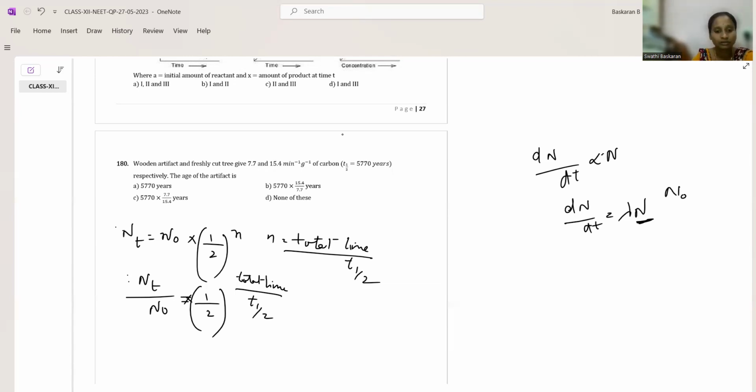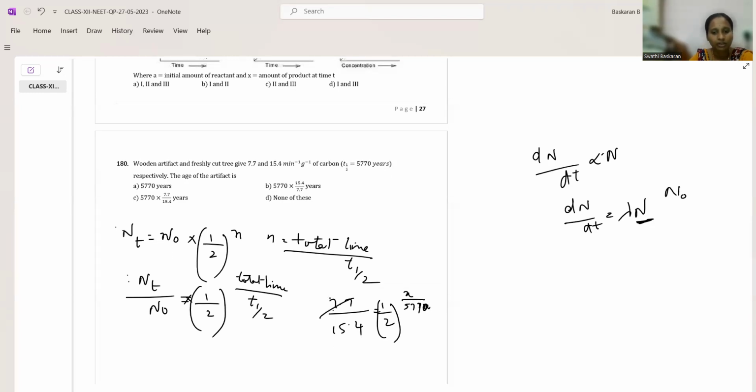Now, how will you substitute? I substitute the Nt value 7.7 and N naught 15.4, which is equal to 1 by 2 raised to the total time, which we don't know, so I assume it to be x, and t half they have given as 5770.